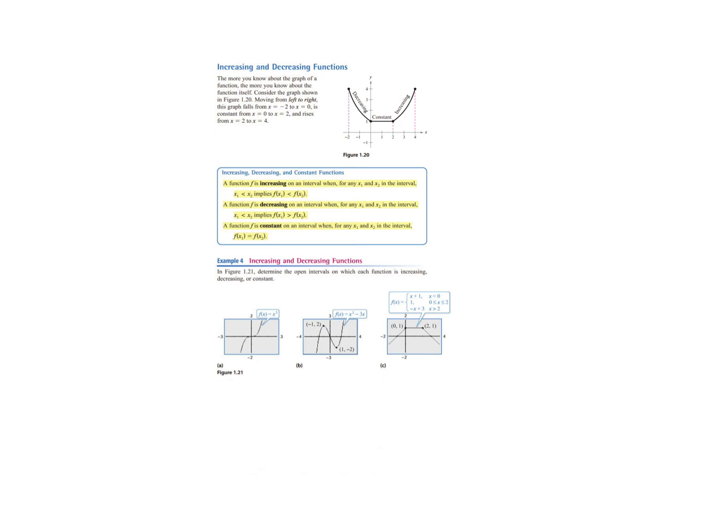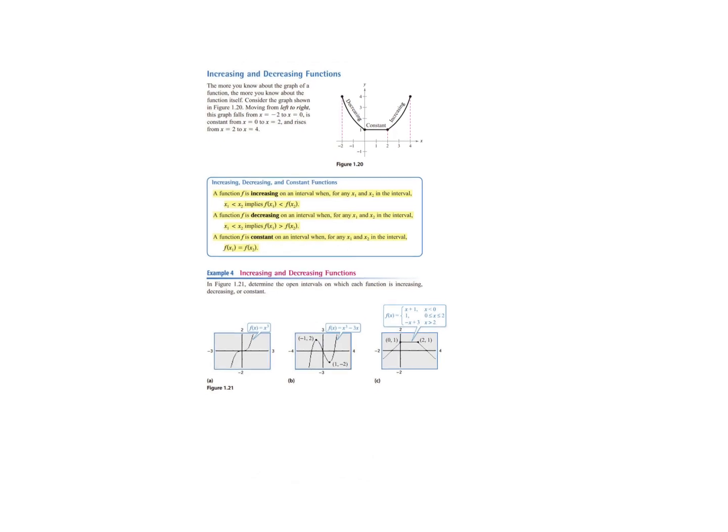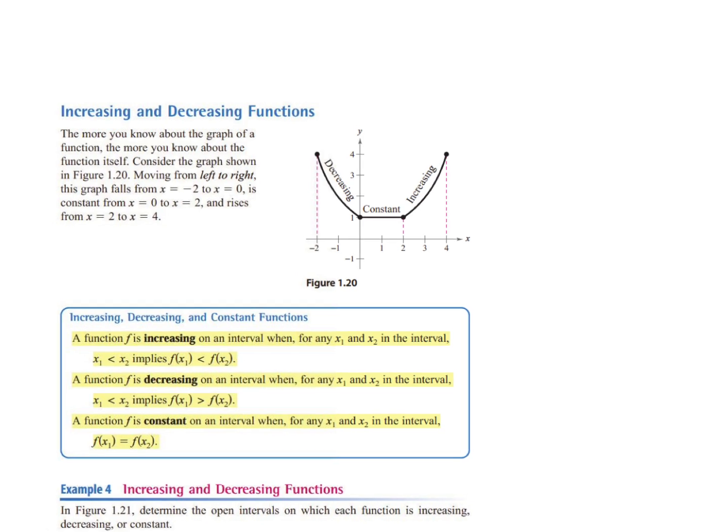Next, we're going to talk about increasing, decreasing, and constant. So when we talk about the intervals of increasing, decreasing, and constant, we write them in interval notation just like we did for domain and range. The one difference for increasing, decreasing, and constant, it is always parentheses. Just because you can't be both increasing and decreasing at the same time. So we don't put brackets, it is always parentheses.